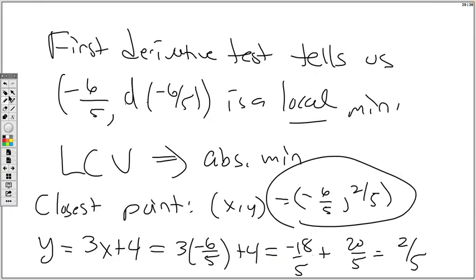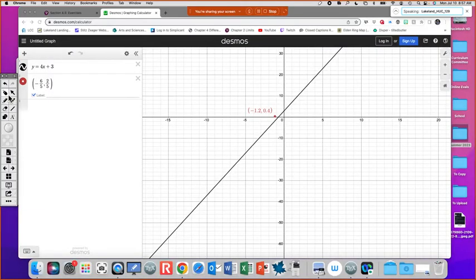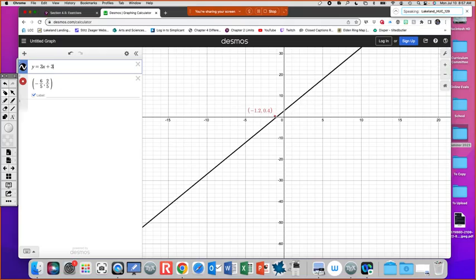Is it 3x plus 4? Oh, 3x plus 4. That's why. It's the wrong function. There you go. That's on the line right there.